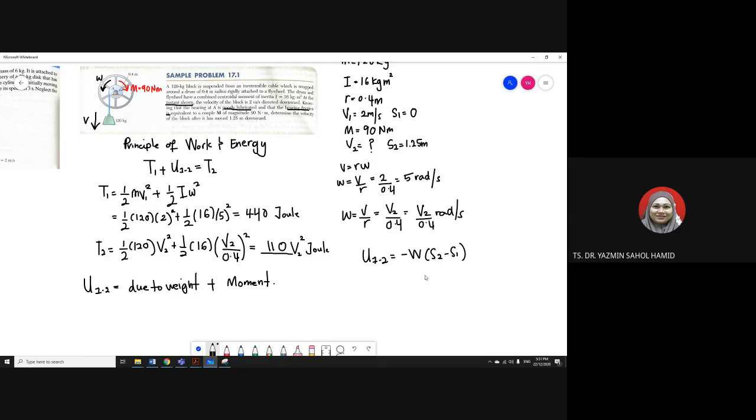Now for this question, where would S2 be? Let's say this is our original position and now it has moved down. So our original position S1 is here and here is S2, and we know that this distance is 1.25.